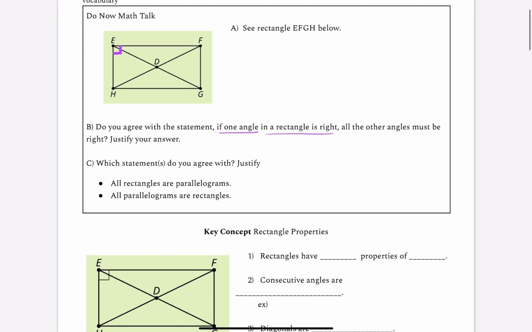So if angle E is 90 degrees, then F has to be 90 degrees because 90 plus 90 equals 180. If angle E is 90 degrees, H must also be because these are consecutive angles and they are supplementary. So yes, you could test out all the vertices.